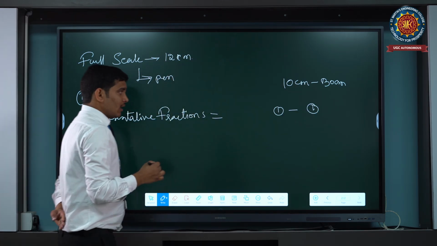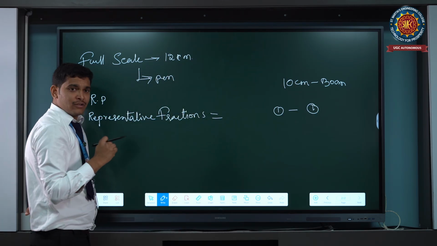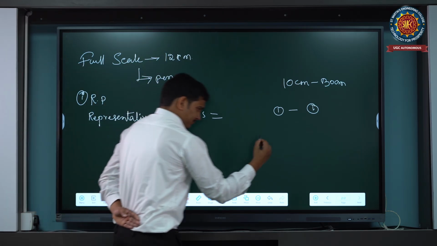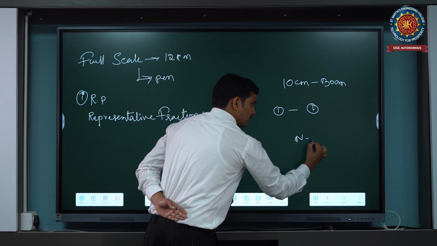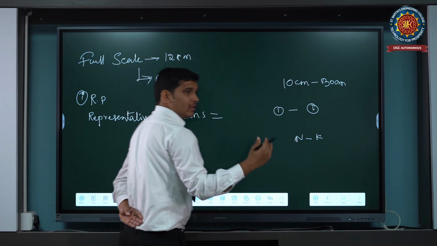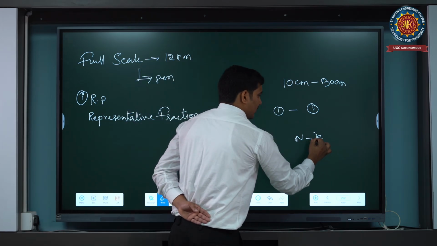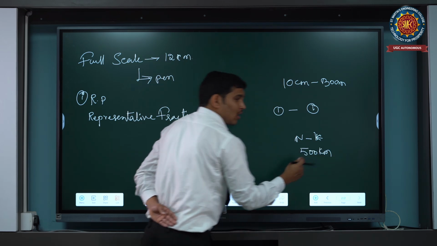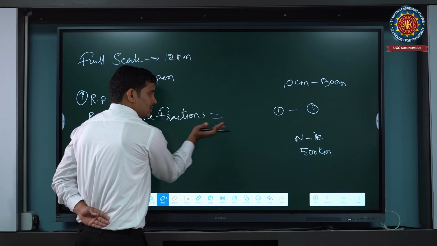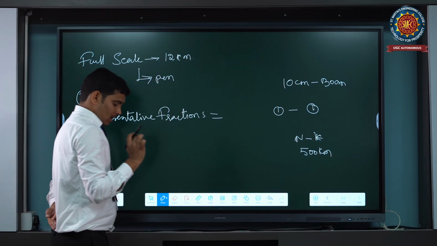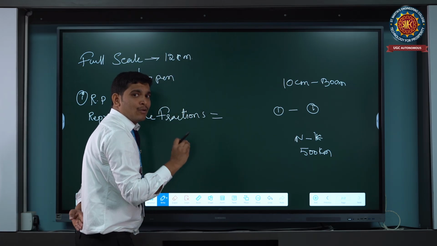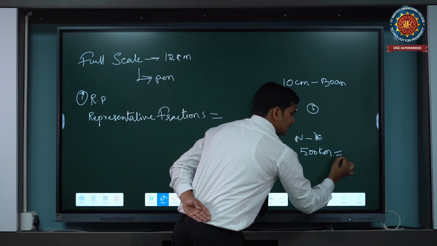We come to the first process, the reducing scale. For example, New Delhi to Kanyakumari, the distance is 500 kilometers. We are not able to draw 500 kilometers on paper, right? So the 500 kilometers is represented on a Google map as 5 centimeters.